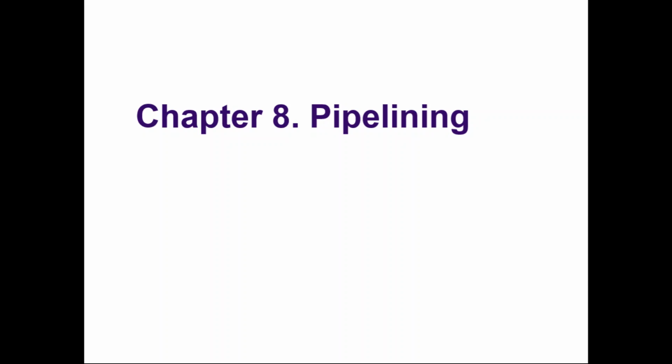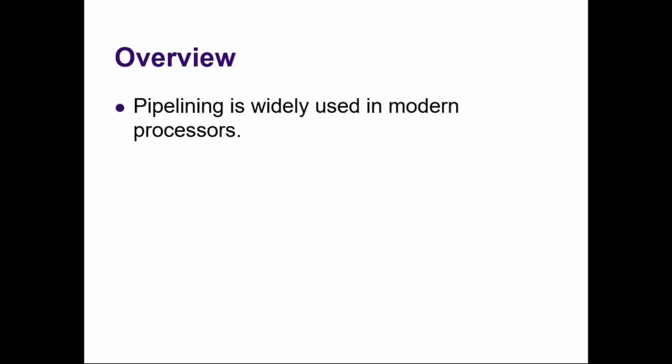Welcome. So we'll be moving to the next topic in this lecture, which is pipelining. Pipelining is basically a technique which is used to improve the performance of a system or a computer. It is a widely used technique in modern processors.